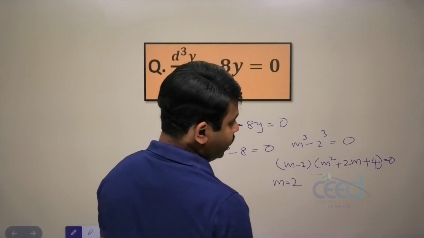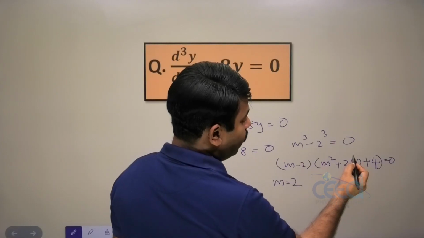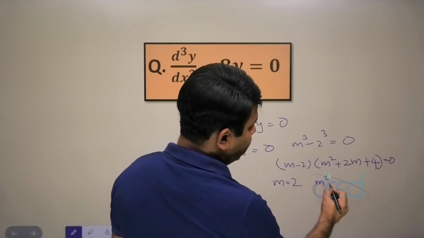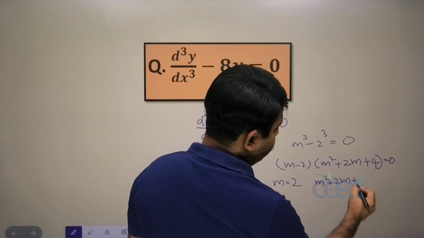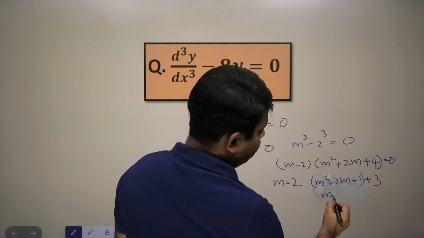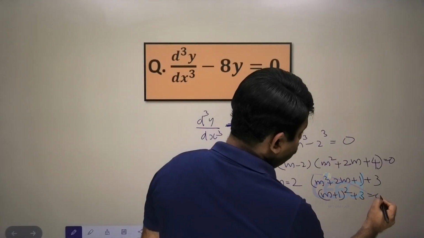The second solution you get by solving the other factor. I can write it as m square plus 2m plus 4, that is m square plus 2m plus 1 plus 3. This part is m plus 1 whole square plus 3 equal to 0.